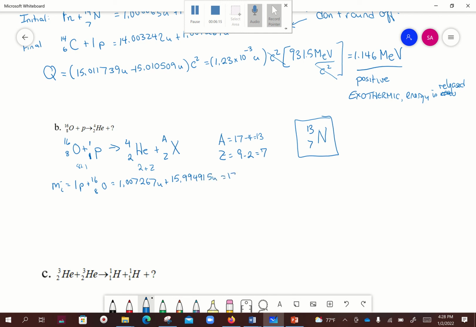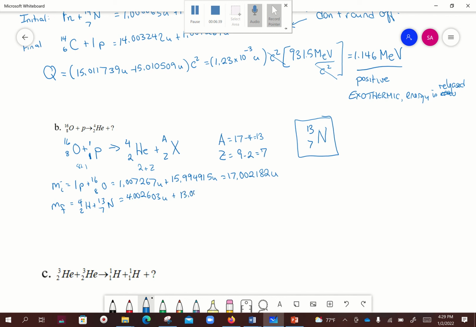So I get 17.002182. For my mass final, it's 4,2 helium plus 13,7 nitrogen. So look up both of those. A helium nucleus is 4.002603.